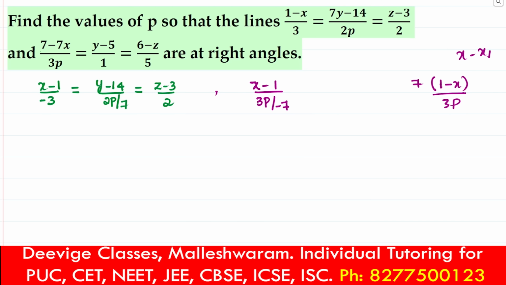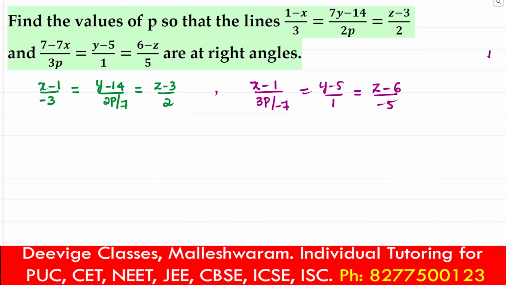So if I take minus also common, then I will get (x minus 1) divided by 3p, and this minus 7 can be written as divided by minus 7. Similarly, the next term is (y minus 5) by 1, as it is, equal to, here also I have to take minus common, then we will get (z minus 6) divided by minus 5.